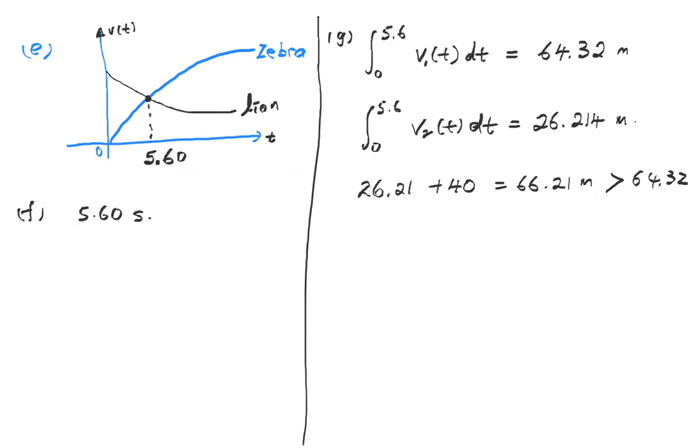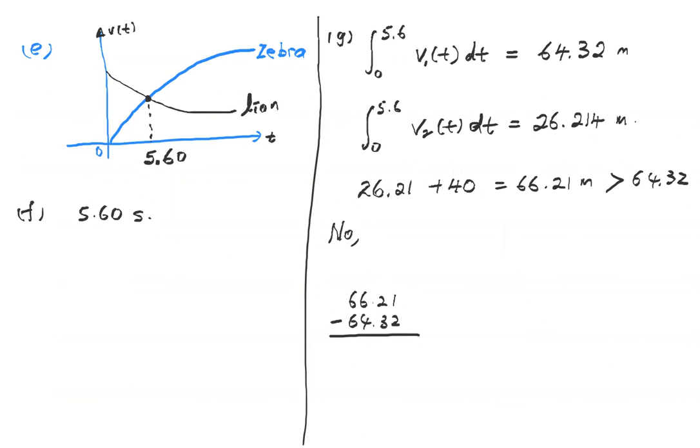So does the lion catch up with the zebra? The answer is no. How far behind is the lion from the zebra? I take 66.21 take away 64.32.